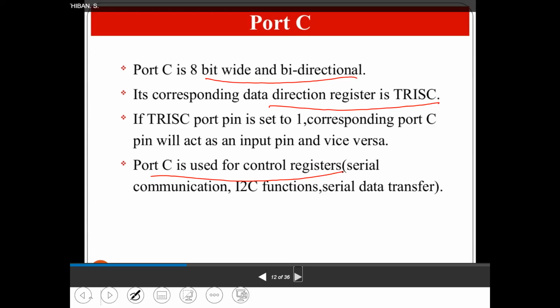Here also serial communication. What is the full form of I square C? Inter-integrated circuits. So we have seen I square C, USART, SPI, the serial communication protocols, mainly for the serial communication register.